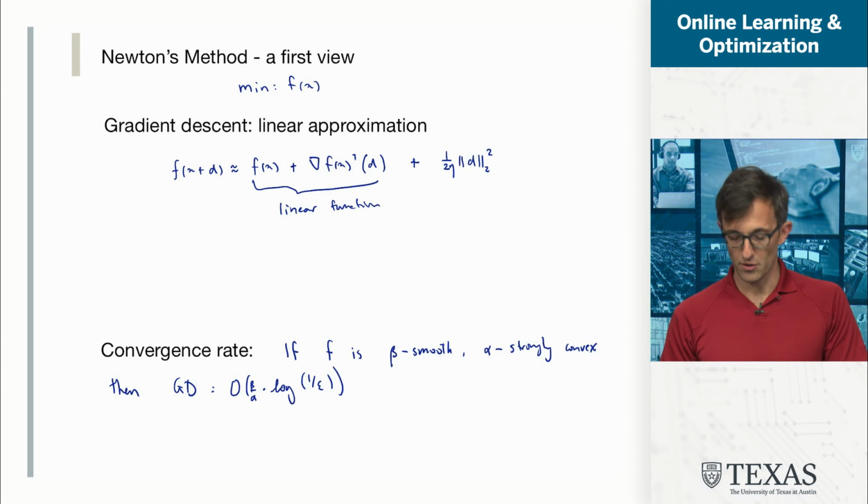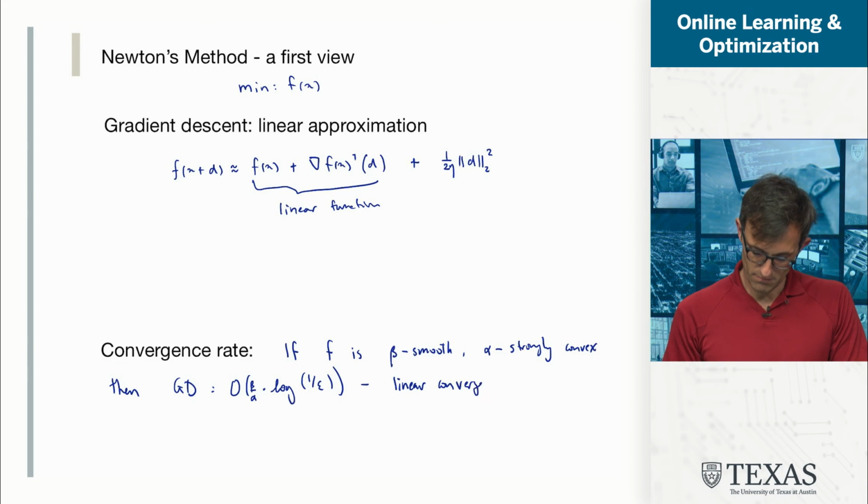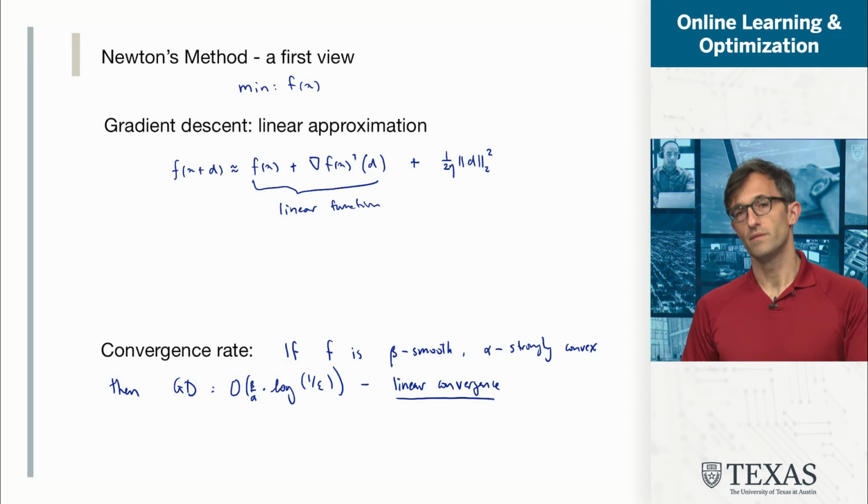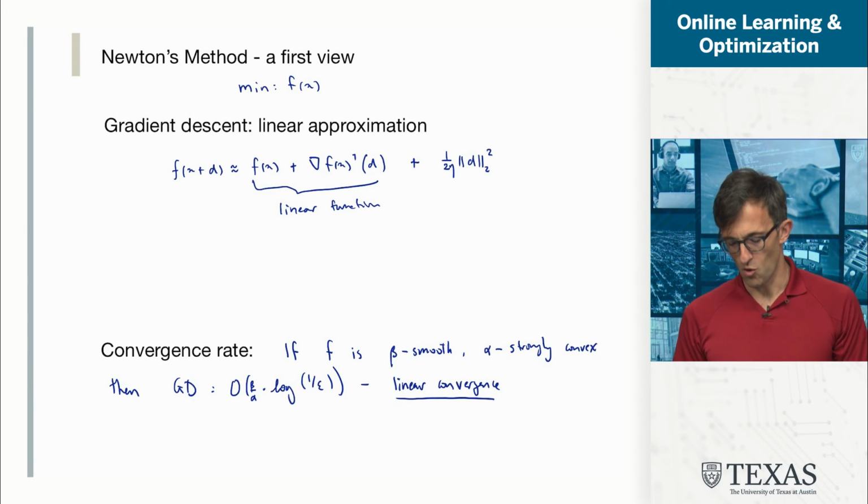This is called linear convergence. It's called linear because if you plot it on a scale where you have the number of iterations versus the logarithm of the error, then you would see something like a straight line. Another way to think about linear convergence intuitively is that one additional iteration gets me one more digit of accuracy.